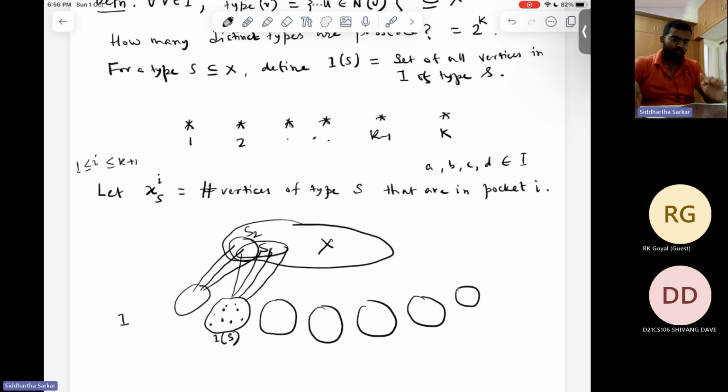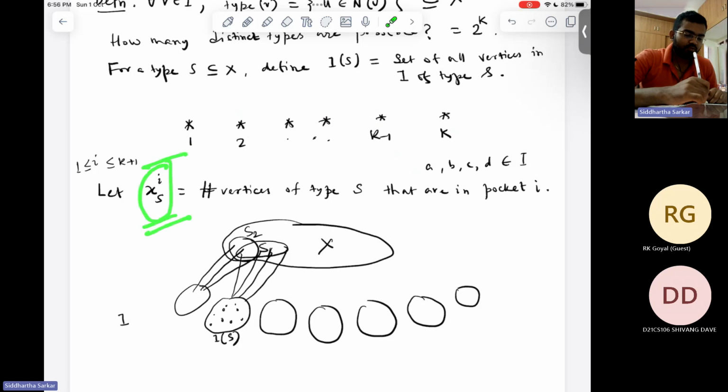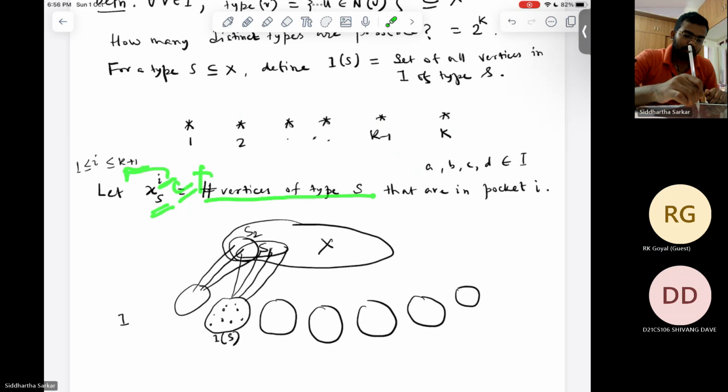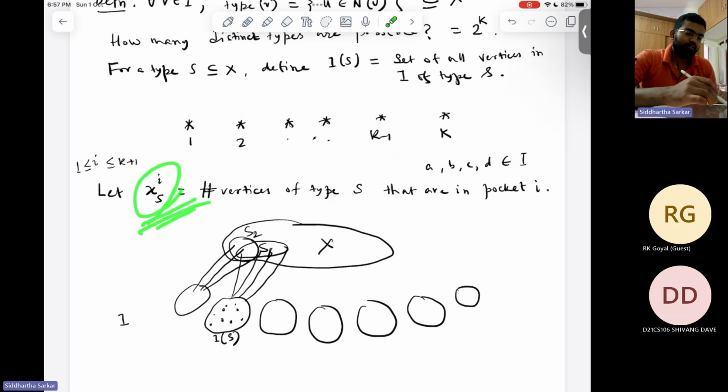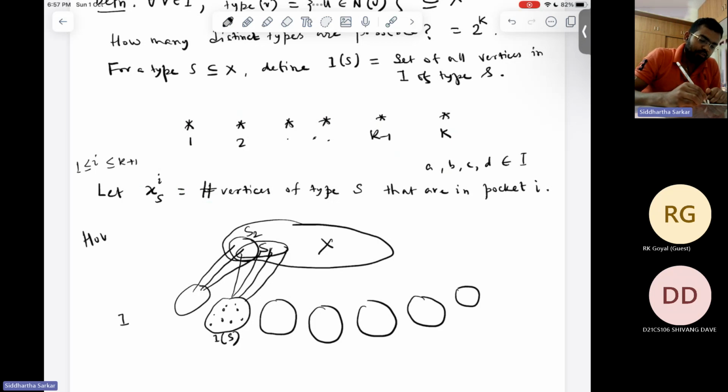That is not the question. My question is different. If you have defined x sub s i in this way, such that for every s a subset of X, and for every pocket i between 1 and k plus 1, you have a variable that encodes the number of vertices of type s that are in pocket i, then how many variables do you have to define? How many such variables do you define?